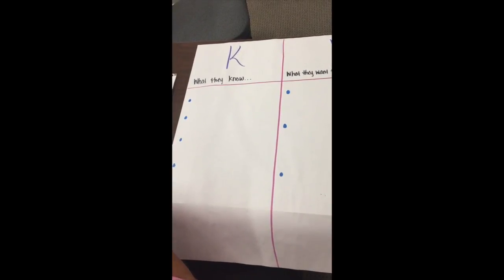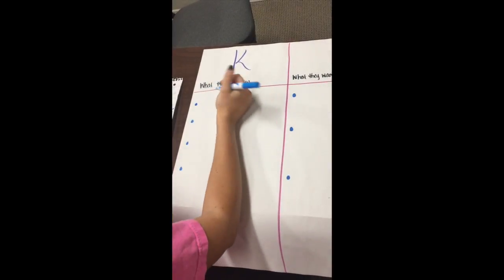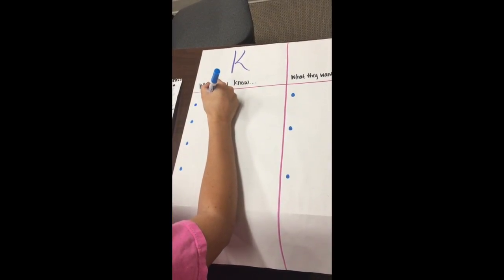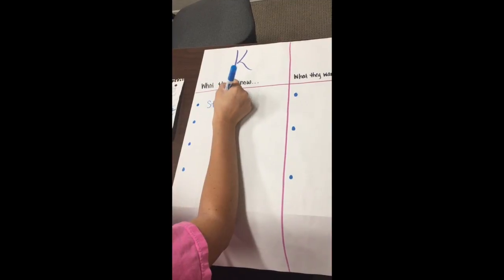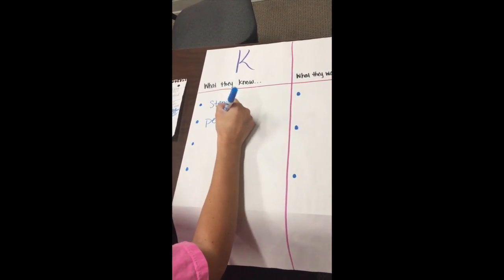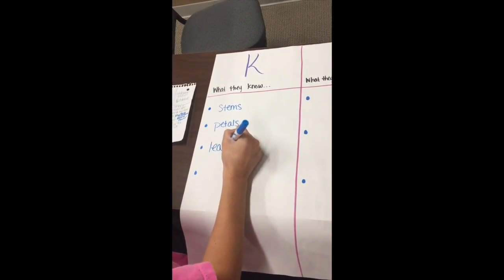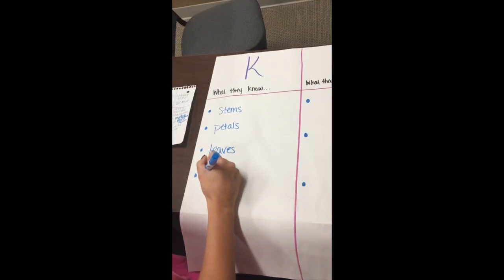This is suggestions of what students might say for what they know. Students might say that they know that flowers have stems, petals, leaves, and roots.